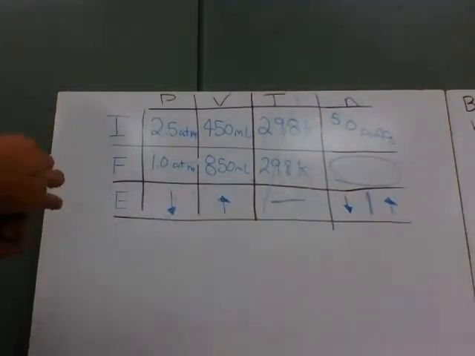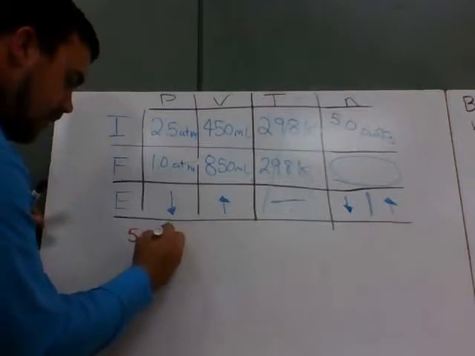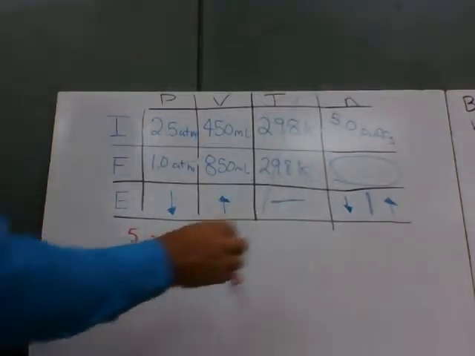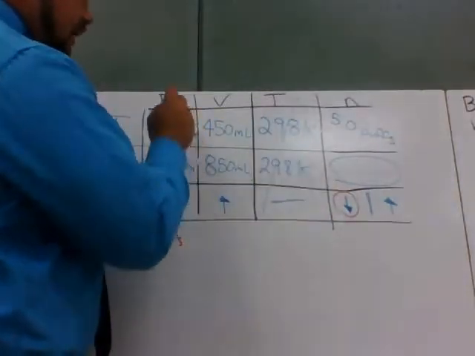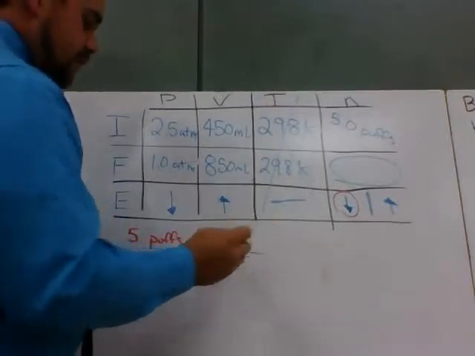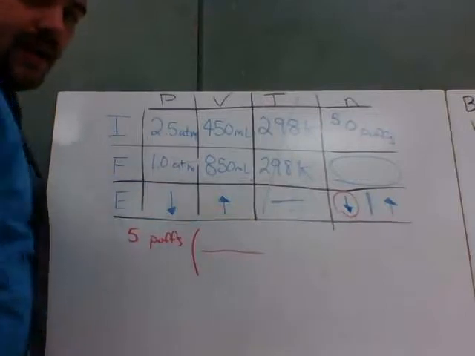I'm going to start with my 5 puffs, and I'm just going to write 5 puffs, just like that. Now let's start with the pressure here. I need to multiply this by a ratio that is going to give me a smaller number because I'm predicting a decrease in my number of particles.